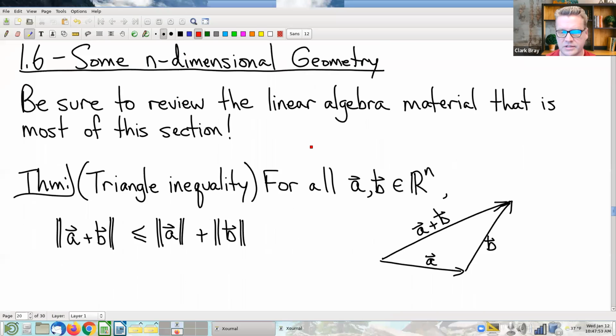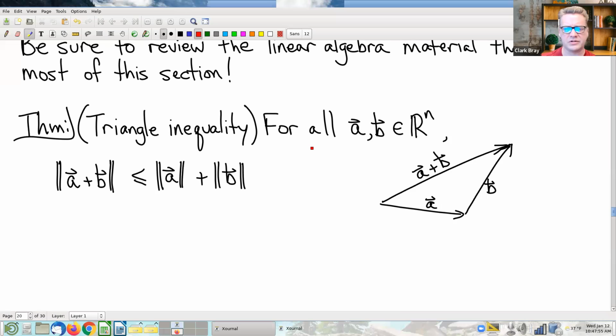Okay. So real quick, I want to point out the triangle inequality. I'm just not 100% sure that this is actually covered in Math 218. It's a very innocent statement, really. Notice that if you have a couple of vectors, then in the process of adding them, you make a triangle.